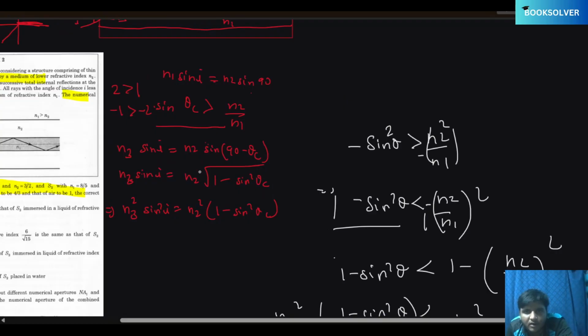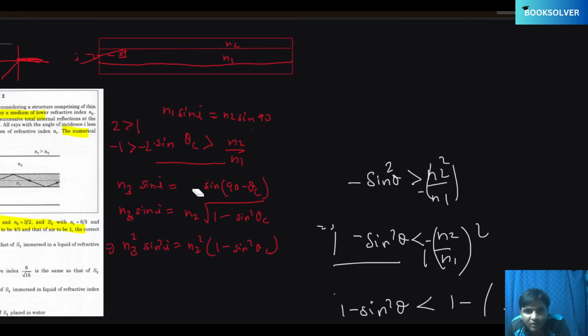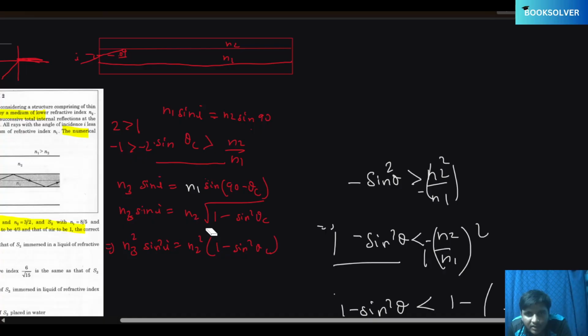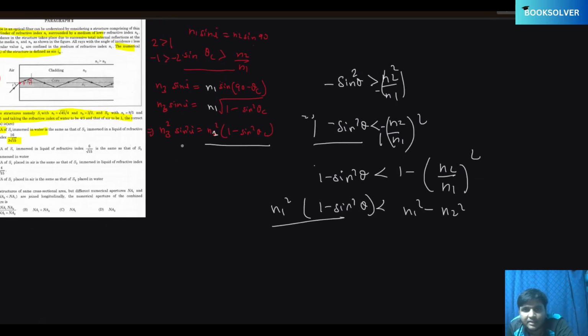Oh, sorry, I have written it wrong here, because this surface we have called N1 and this one is N2. So N1 should be here, and this should also be N1 square. So now we have got exactly the same term here, and so we can compare them directly.